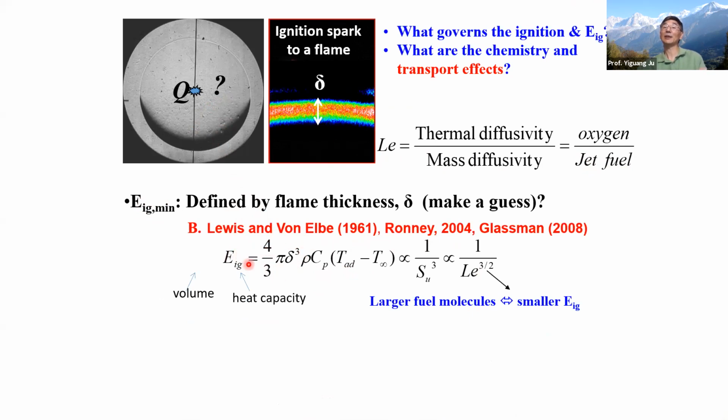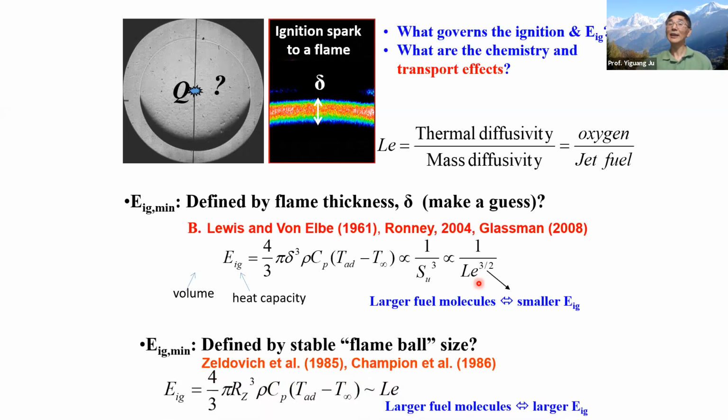This energy becomes the ignition energy. If this is true, using laminar flame speed theory, the ignition energy will be an inverse function of Lewis number. That means the larger the Lewis number, the lower the ignition energy. But that's not true. That's opposite to the experiment.